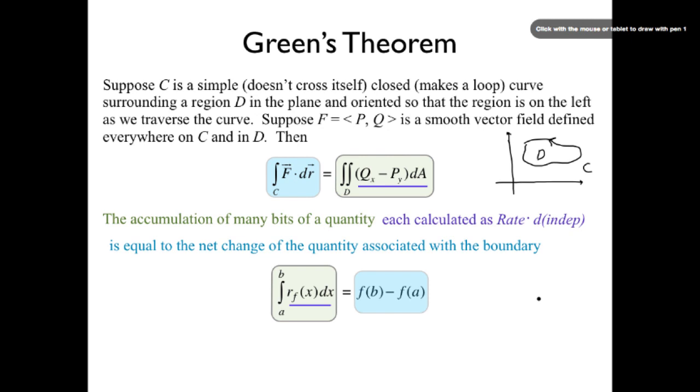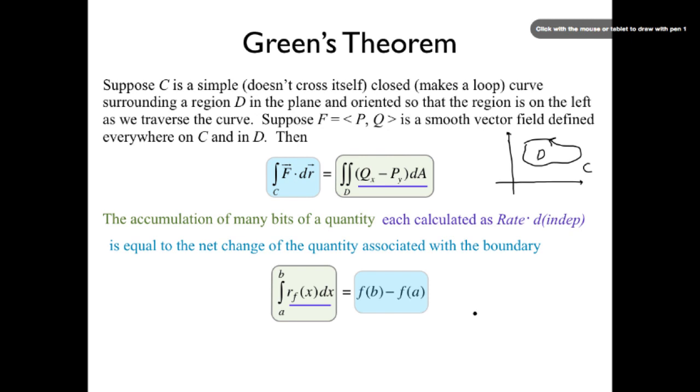That's equal to the overall change, the net change associated with the boundary. If it's an interval, it's associated with what? The endpoints of the interval. All you need is the end and the beginning. And you did a lot of that with the fundamental theorem of line integrals, right? The fundamental theorem of line integrals is very, very similar to this, right? But the net change of the boundary of a region would then be the integral around the boundary, not considering the inside anymore. Okay, does it make sense?